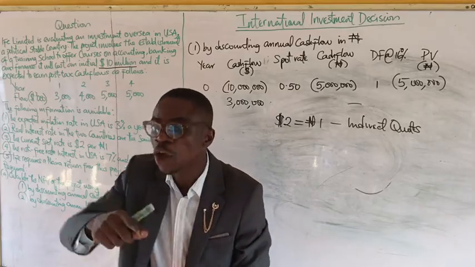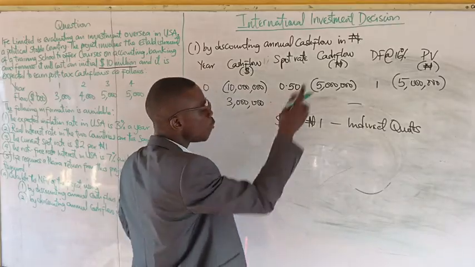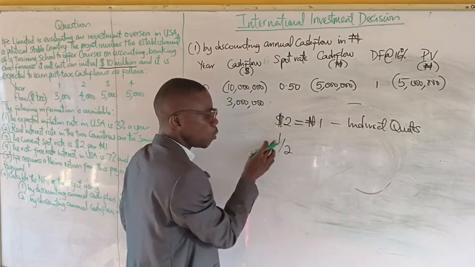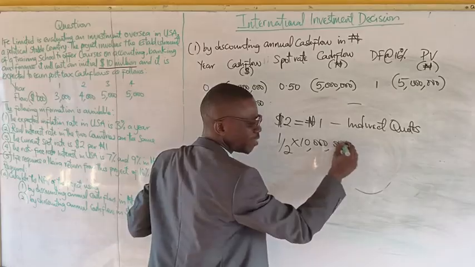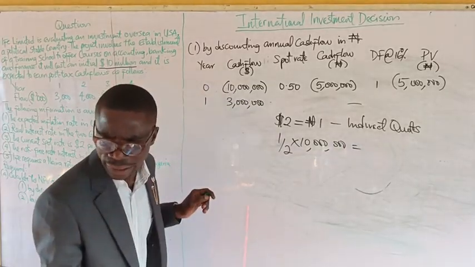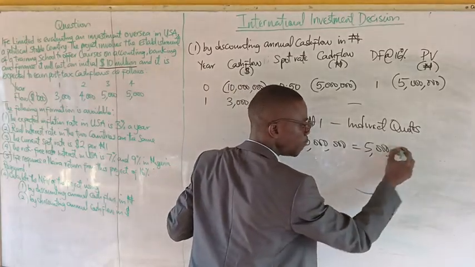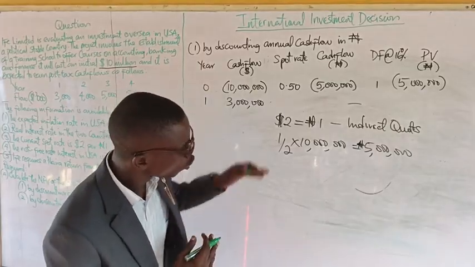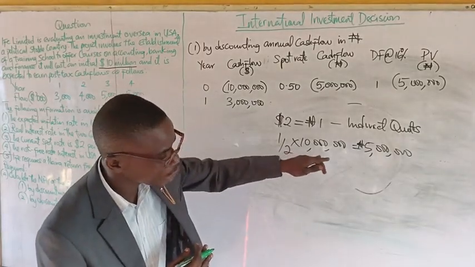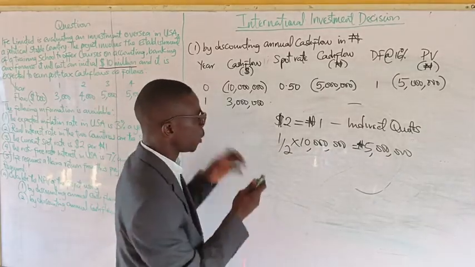So if you are converting, are you going to multiply by 2? No, it's 1 over 2 times 10 million. That will give us 5 million. That's the implication. You get it now?